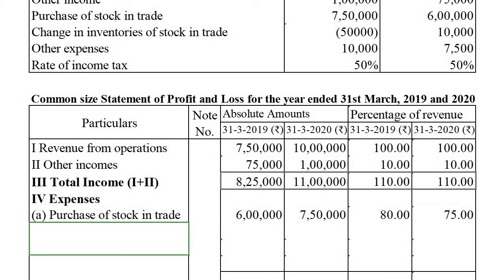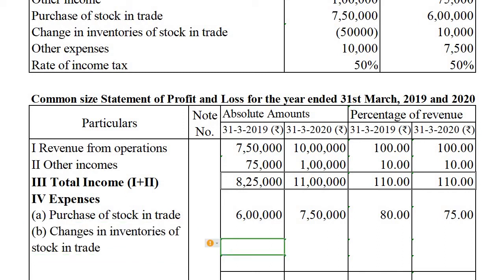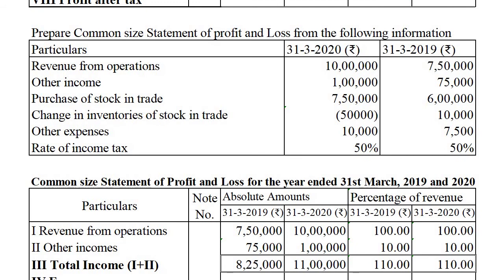Then comes the next item. After purchase of stock in trade, next is change in inventories of stock in trade. Change in inventories of stock in trade means change from opening stock to closing stock. Previous year and current year are given.